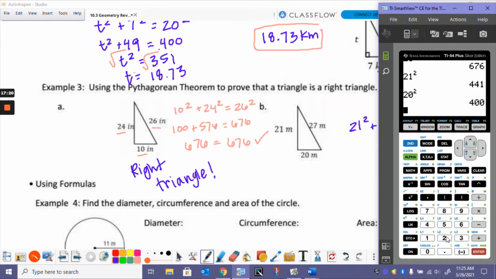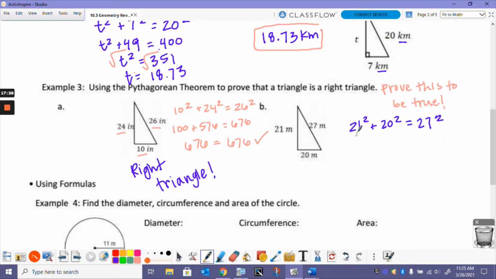And then 27 squared, 729. Okay, so we have 441 plus 400 equals 729. All right, so what we actually have, combine those like terms, 841 equals 729, okay? Notice this is not true. This does not even out. So this is not a right triangle.